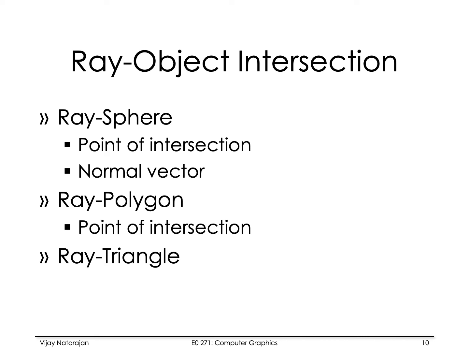We know how to find the point of intersection between a ray and a plane, and more specifically a triangle. A ray sphere intersection is historically significant because some of the early ray tracers were written for objects that consisted of spheres, cones, and other conics. This computation of the point of intersection is a simple exercise in geometry.